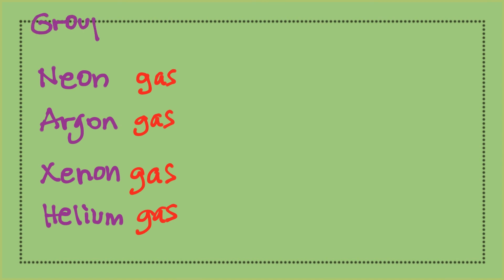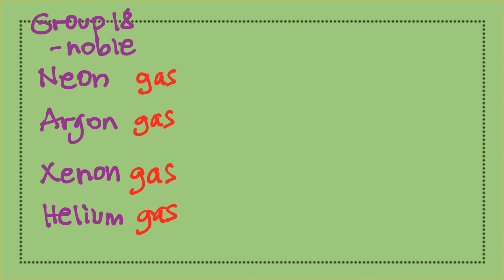So, for example, neon gas, argon gas, xenon gas. If you all notice, all of them belong to group 18, or the noble gases. So again, if it's group 18, they all belong to noble gases.